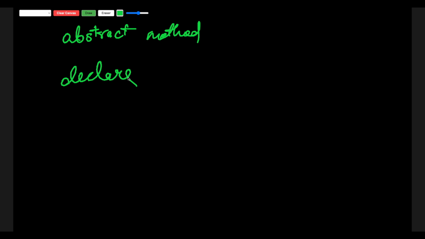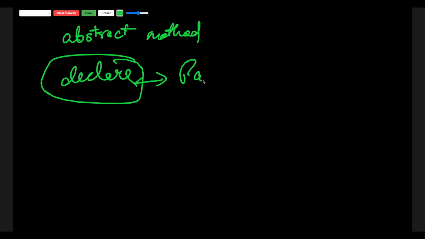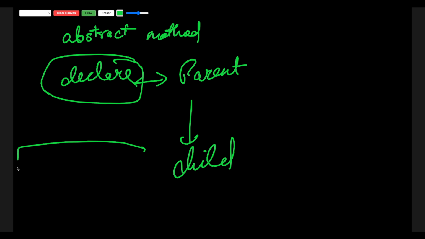So basically, abstract methods are used when you have to implement a certain method inside the subclass. So in the abstract method, you just declare the method in the parent class, and inside the child, you will implement it.